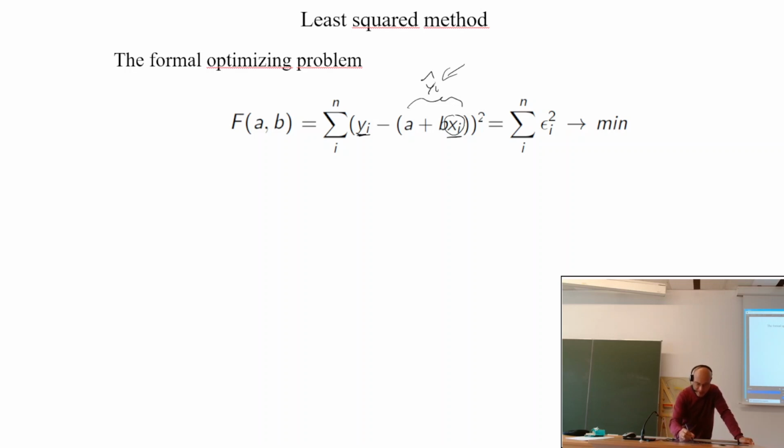This is our regression line. So this together is then the error squared.